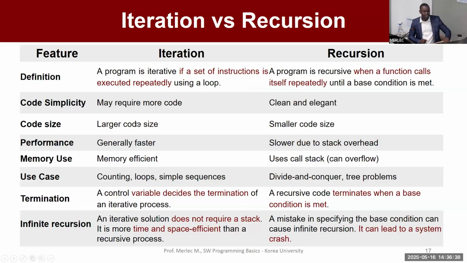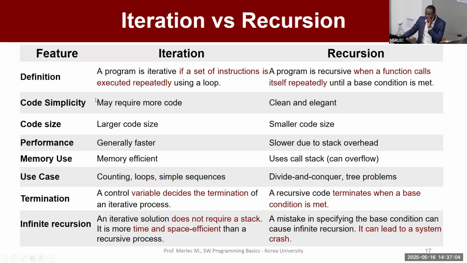So now let me compare the iteration approach with the recursive approach. In the iteration approach, we use loops, like for loops or while loops, with all the variants we have learned. For recursion, you have only to use a function. Iteration, you can use a function or not. It's up to you.